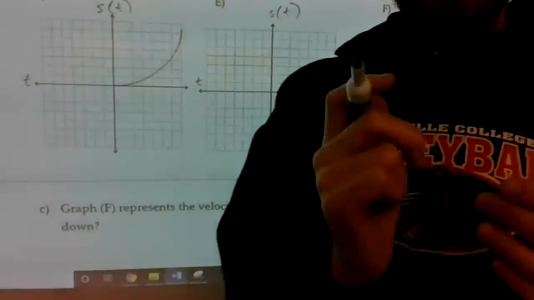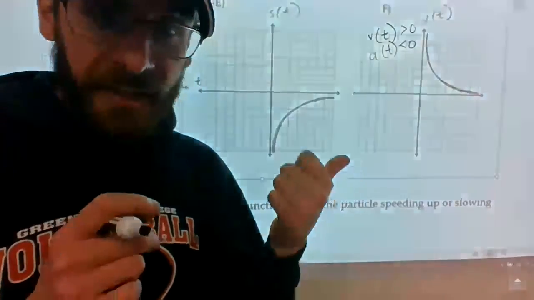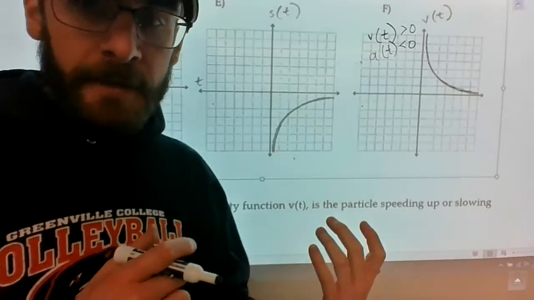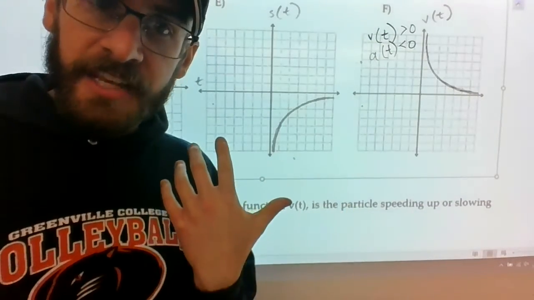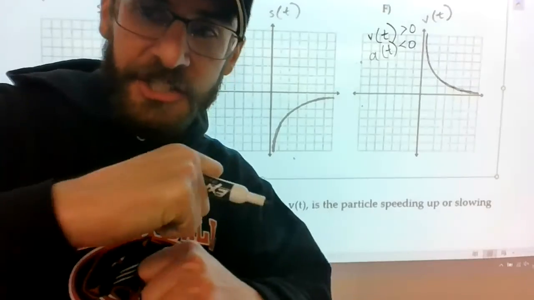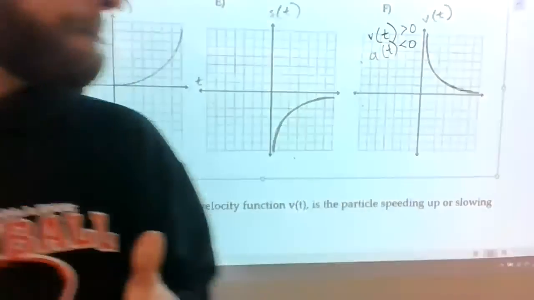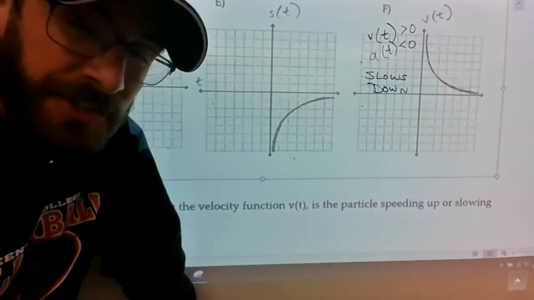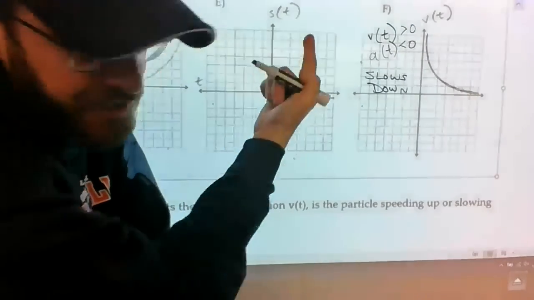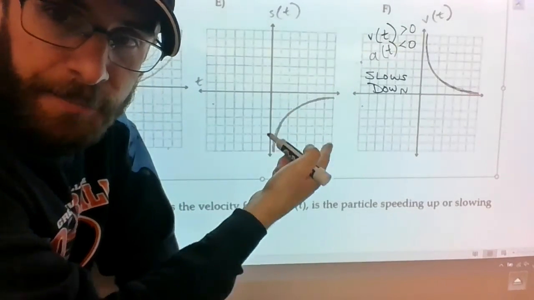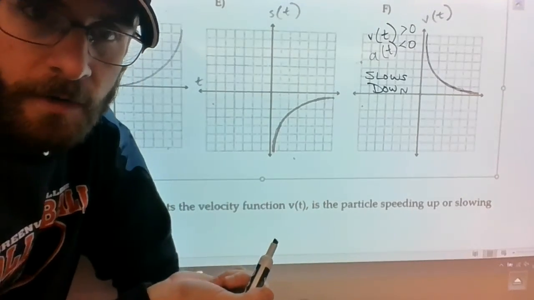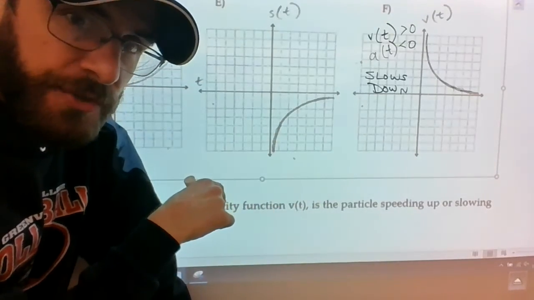So because there's a conflict between the direction that the object's moving, the velocity, and the sign of the acceleration, because they're going against each other, it's slowing down. And again, if this were, say, an AP test free-response type situation, that's your reasoning. It slows down because the velocity is greater than 0 at the same time that the acceleration is less than 0.